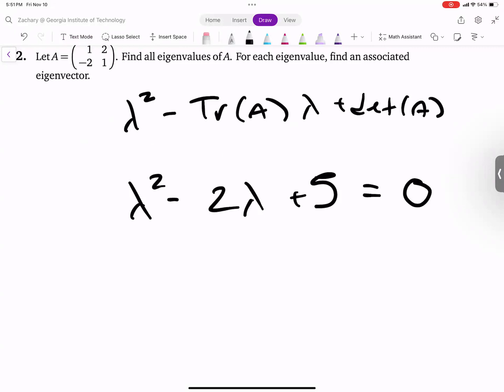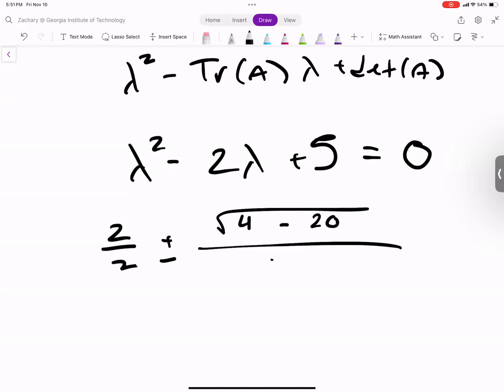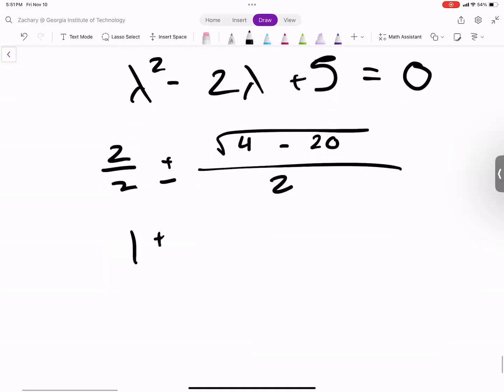Quadratic formula, right? So we get 2 over 2 plus or minus square root of b squared minus 4ac all over 2a, which gives me 1 plus or minus 2i. That's our eigenvalues.